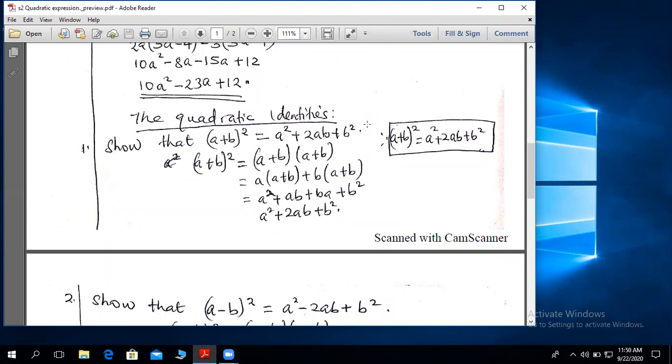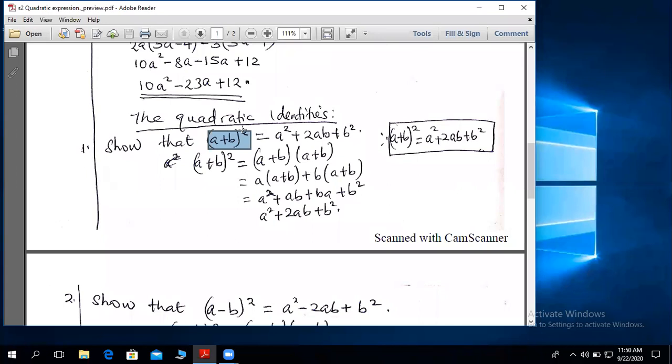Up to now, even students of senior 4 still make a mistake here. When we tell them to expand (a plus b) squared, do you know the answer they give us? They tell us that it is a squared plus b squared. I want to tell you that is very, very wrong. You have murdered the mathematics.